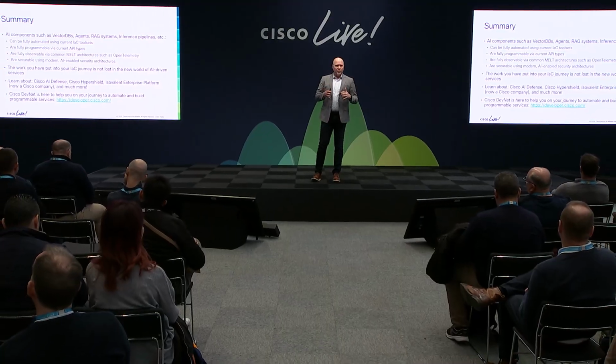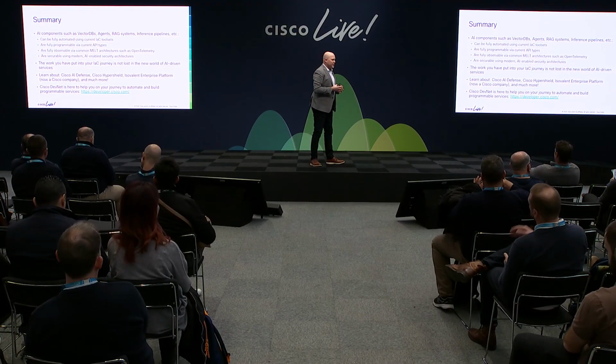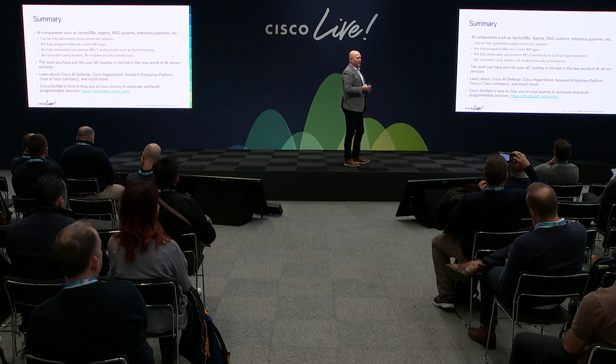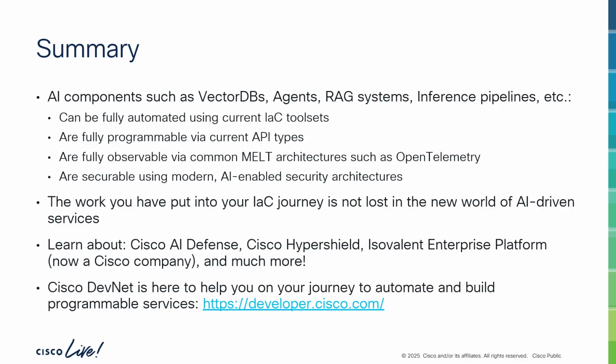So that's a quick run through of some of the stuff that we're talking about over in the DevNet zone. What did we learn out of the session? There's a lot to look at, right? There's all of these new tools and new protocols and new things that are landing on our network that we may not understand. Some of that stuff, RAG, inference pipelines, LLMs, all of these things are just software.